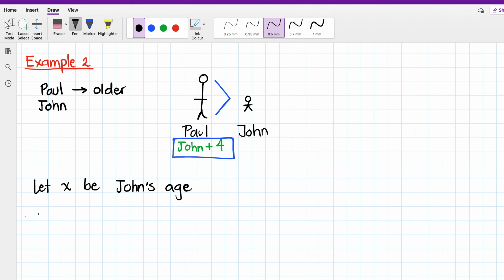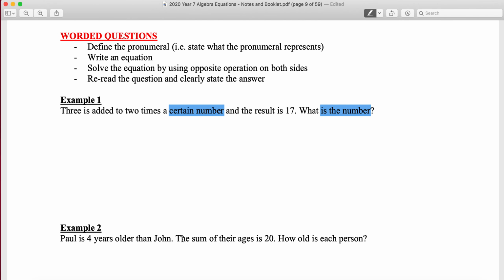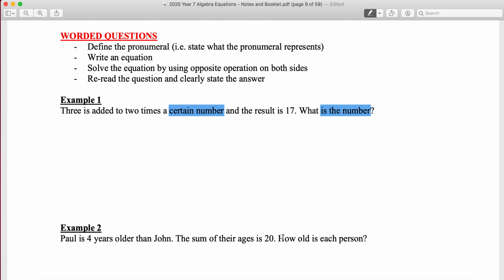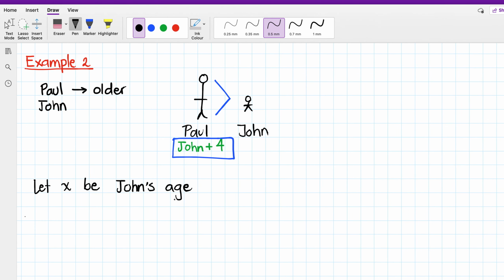Now I'm going to write the equation. To write the equation, I need to say what it says. It says the sum of their ages. So if I add John's and Paul's ages, I will get an answer of 20. I'm going to write that equation. I'm going to say X, which is John's age. Now I'm going to add Paul's age.